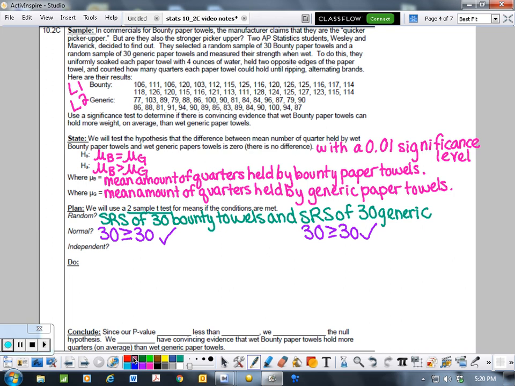Now independent. Reasonable to assume Bounty does not affect generic paper towels. So we're making sure the groups don't affect each other.